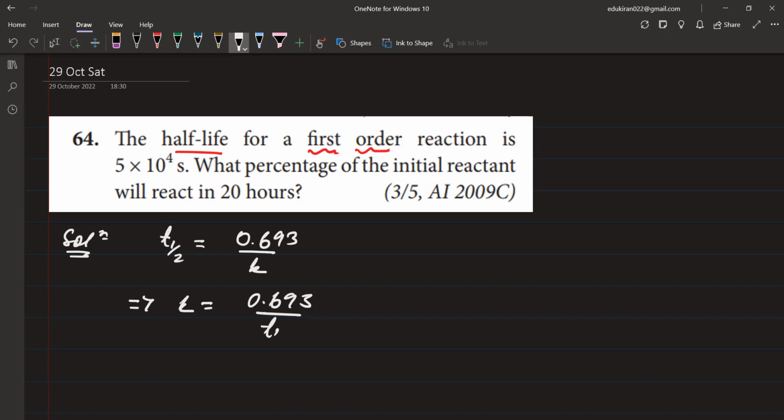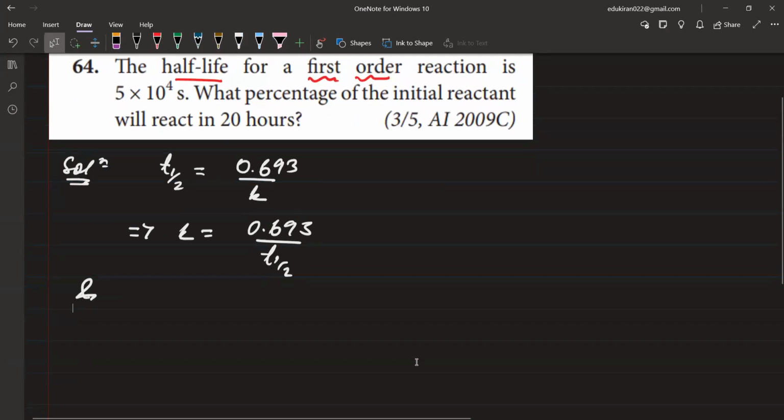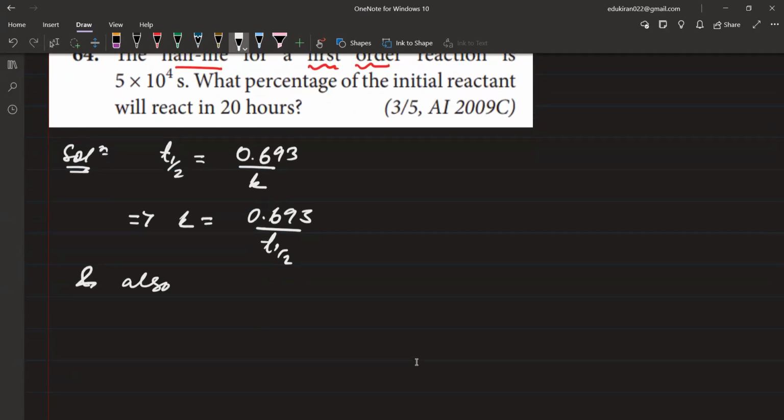divided by the t half. And we also know the integrated rate law equation for the first order reaction: K is equal to 2.303 divided by the time taken, multiplied by log of initial concentration upon the final concentration. So we don't know this part.